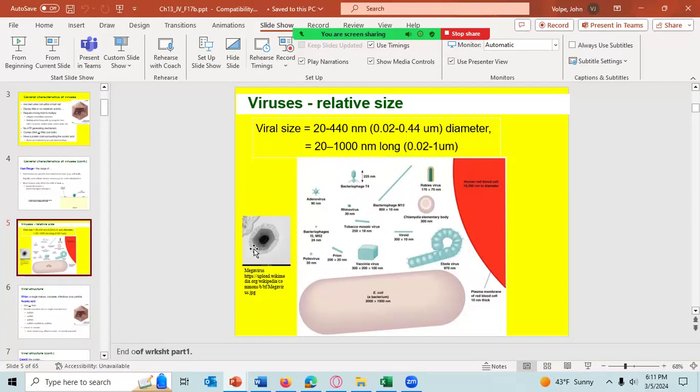The smallest prokaryote cell is around 400 nanometers, and the average prokaryote cell is between 1 to 2 micrometers. That would be 1,000 nanometers for your average bacteria cell.